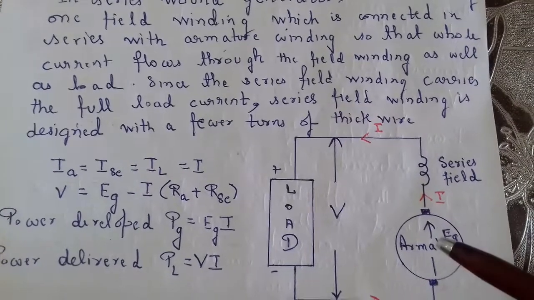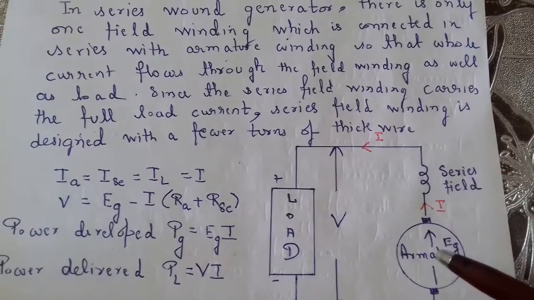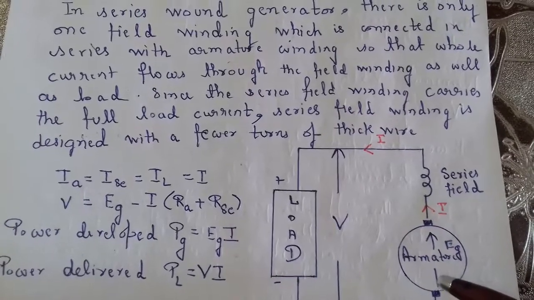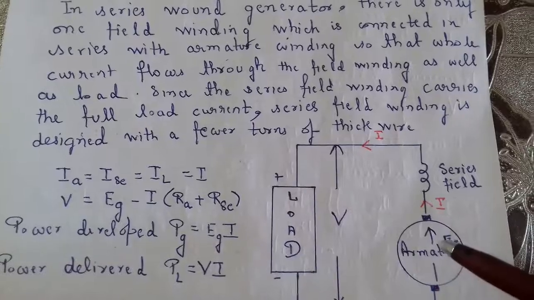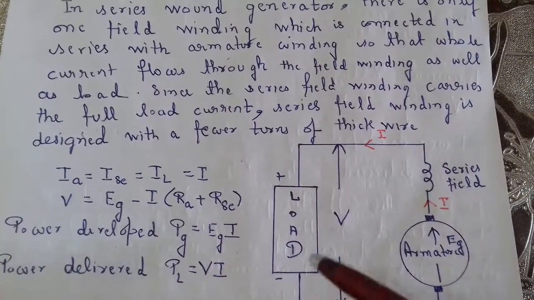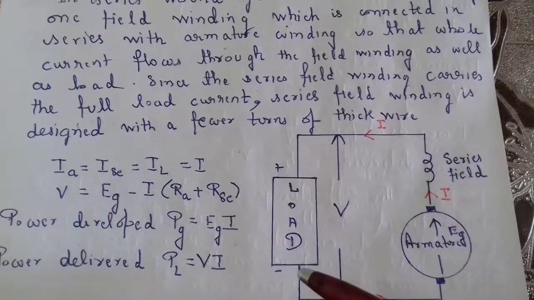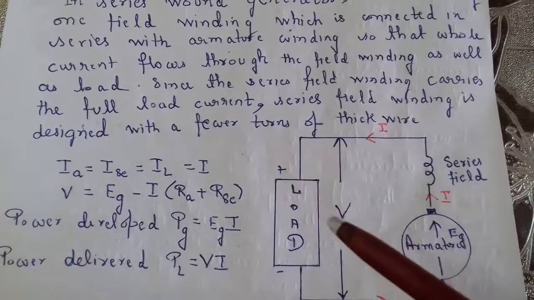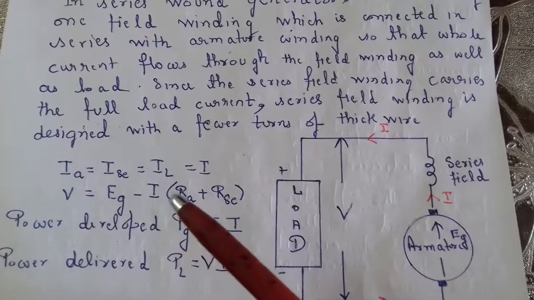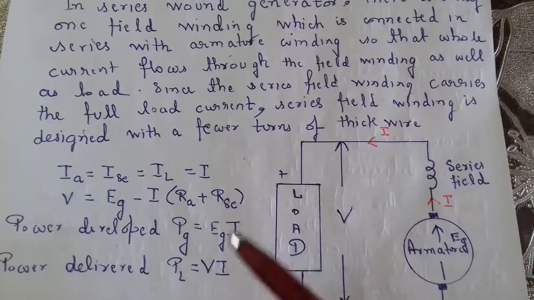Then comes the armature, it will also be plus Ia Ra. Then comes the induced EMF, it will be minus E. And we are going from negative to positive, so it will be plus V. So it will come as V equals Eg minus I into (Ra plus R series).